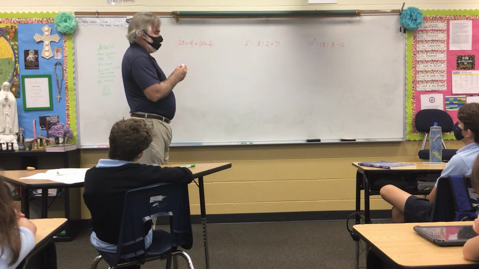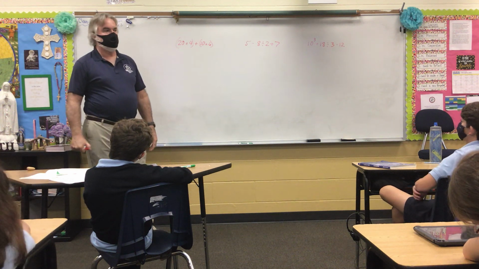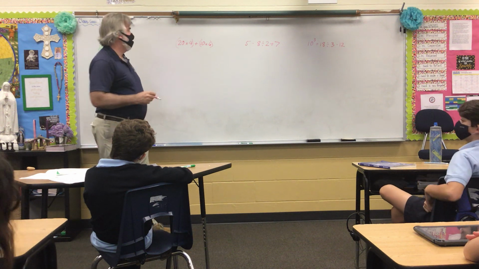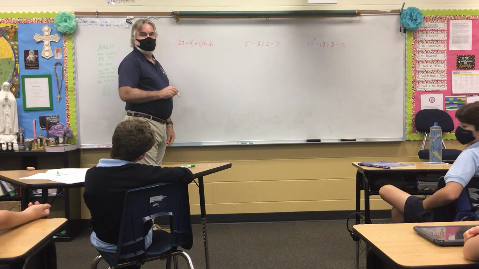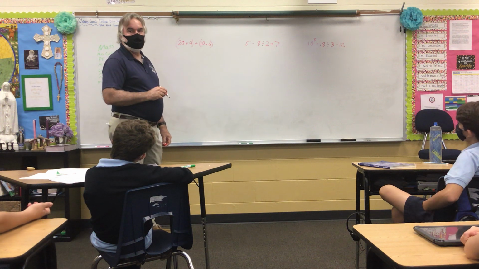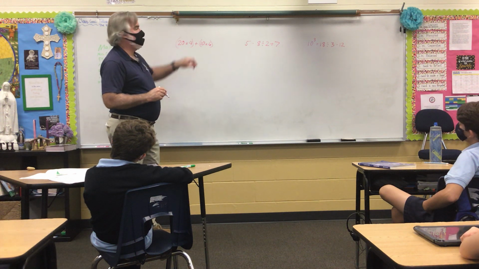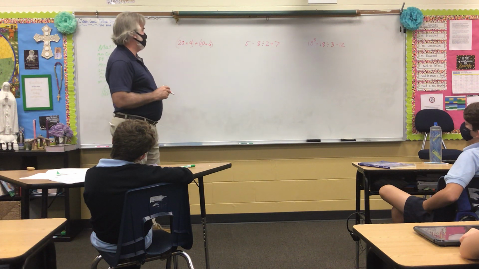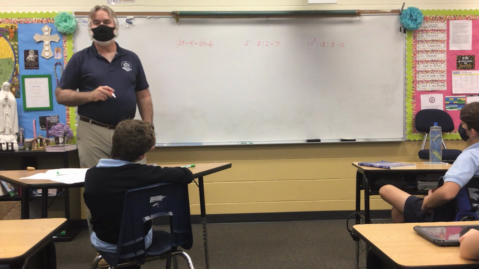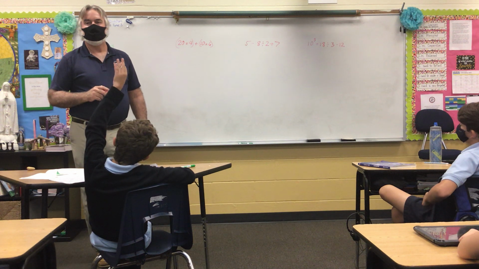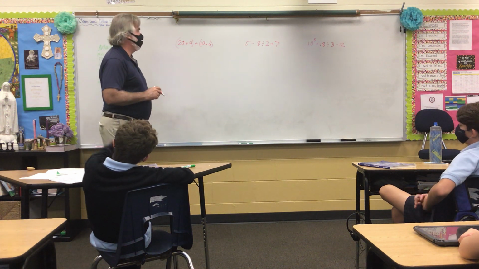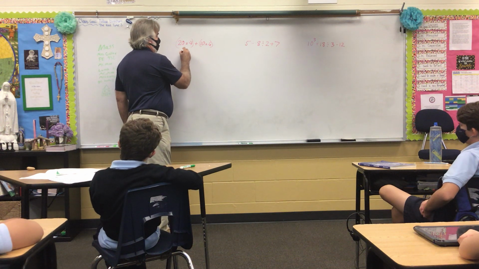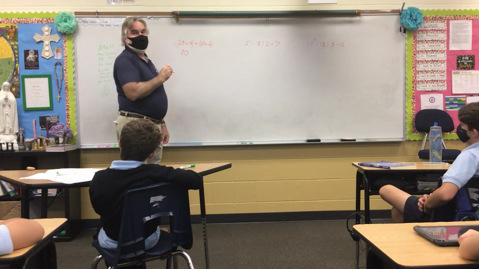Now, I'm going to give you about 3 problems here. First of all, parentheses. So what do I do? What am I going to do here first? There's no division up there. Multiply what? 20 times 4, and I get 80.